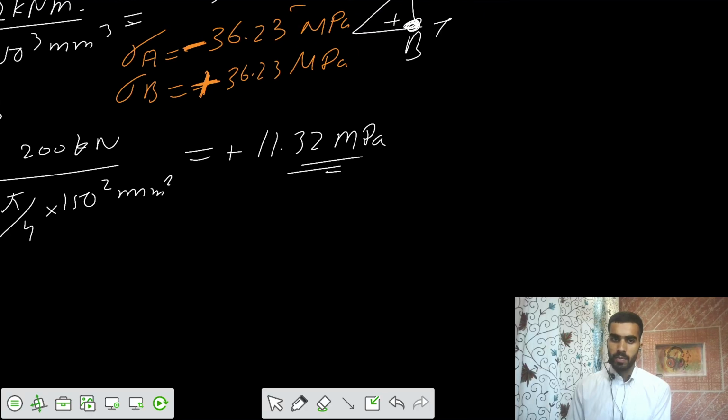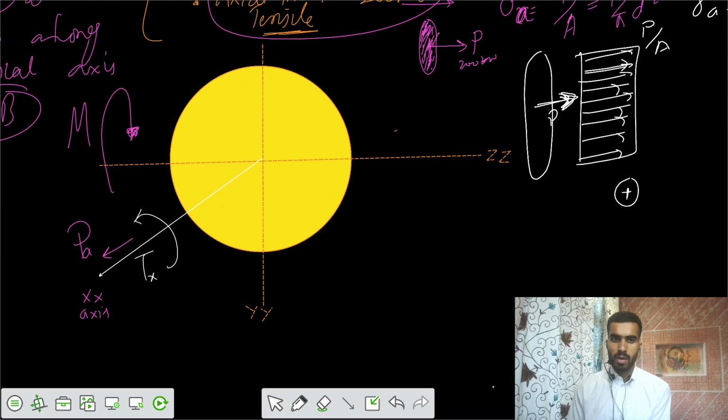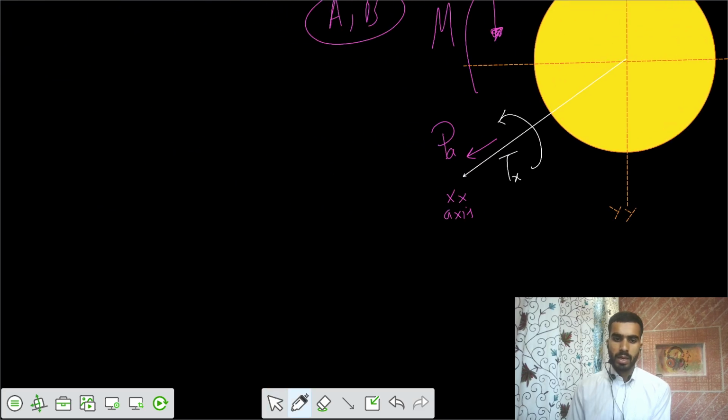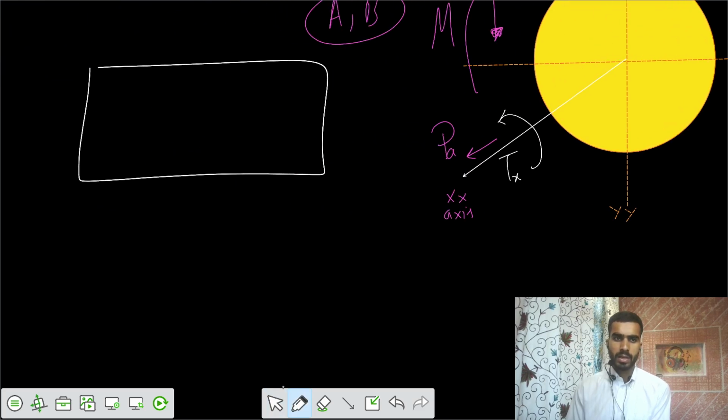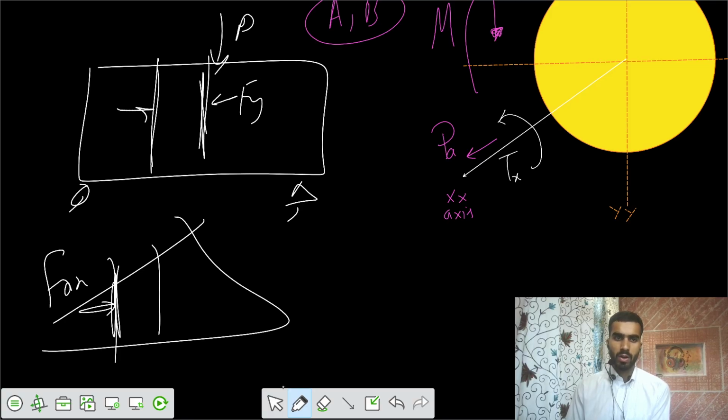Now based on this one, we know that if you have any beam or any section and you apply load, we have moments and P, then there is some net value of Fx on the section, and some value of Fy. So these are horizontal forces, which means the stresses are also sigma x.